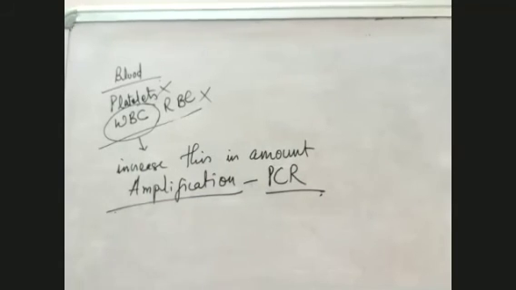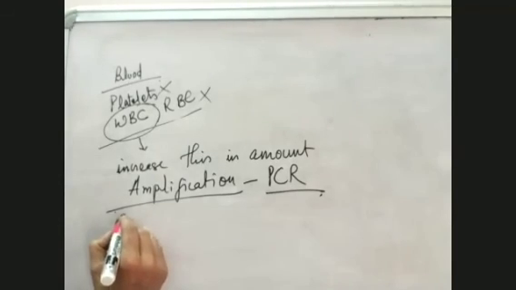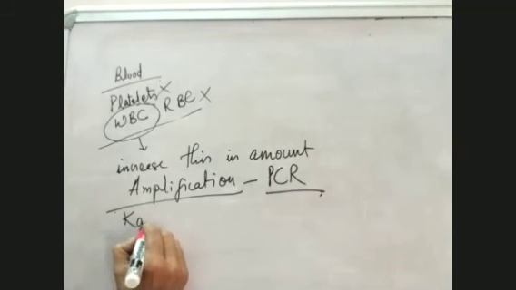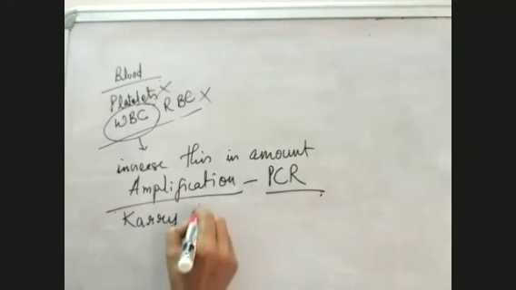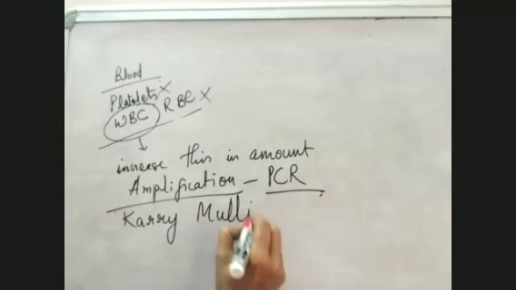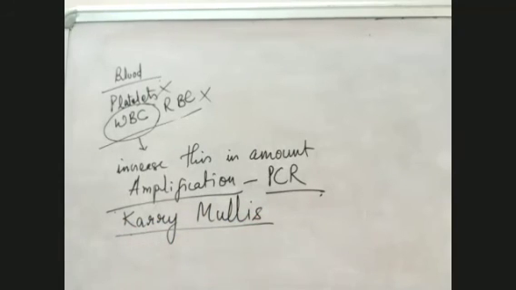Now, this particular process of PCR or polymerase chain reaction was first of all discovered by Kary Mullis, M-U-L-L-I-S. He was the gentleman who discovered the process of the polymerase chain reaction or PCR.